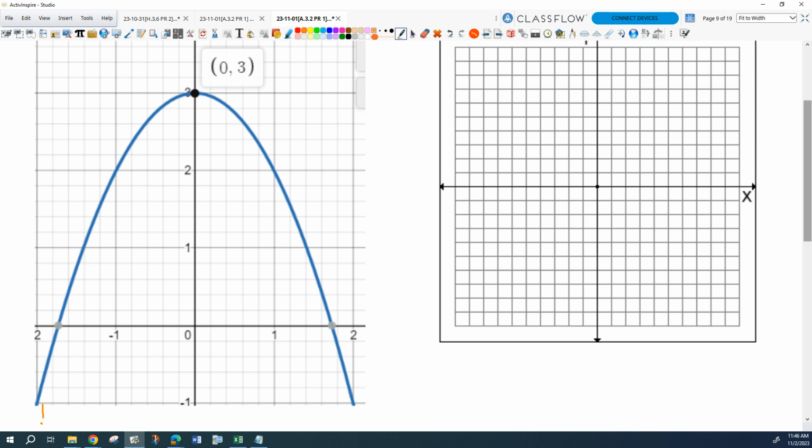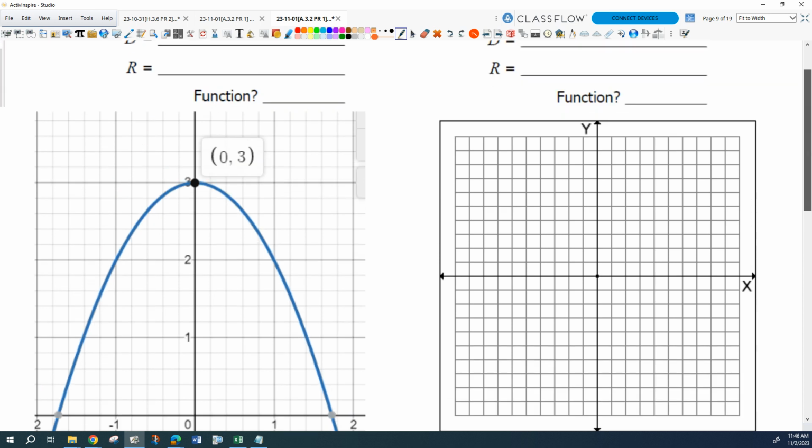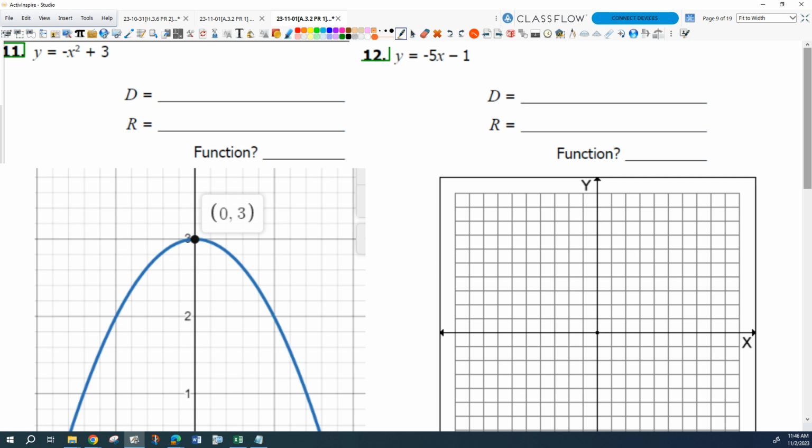If we zoom out on Desmos, the thing just keeps getting bigger and bigger, right? The more I zoom out, the more this parabola is going to spread out to the left and the right, infinitely, okay? So this thing goes forever left and forever right. And so the domain just looks like that. Okay, now what about the range?